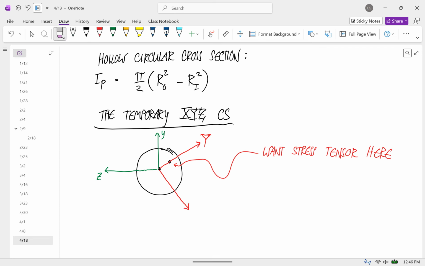Sorry, that's not Y, that's Z. Sorry, I messed up your notes. And then your Y has to be this way, just so it's a rotated version. Okay. And then you have to figure out the angle that you have to go from your temporary to get to the one you want. This is your theta.